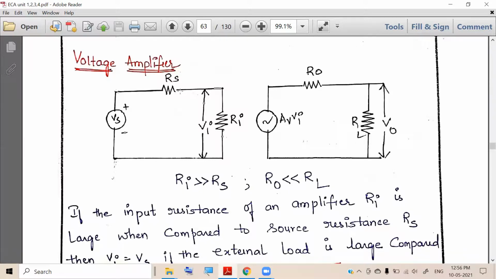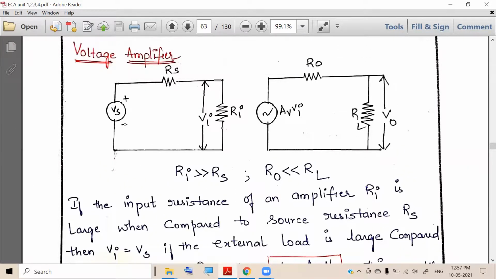A voltage source in series with a resistance, we can represent it as a what? A current source. A voltage source in series with a resistance is equivalent to a current source in parallel with the resistance.